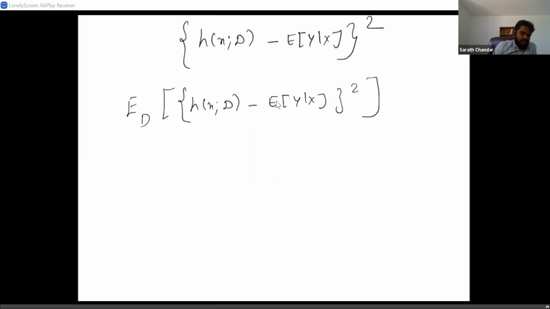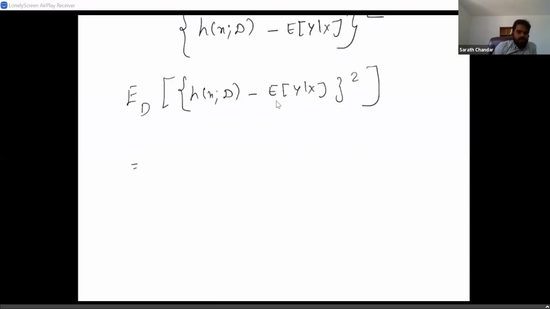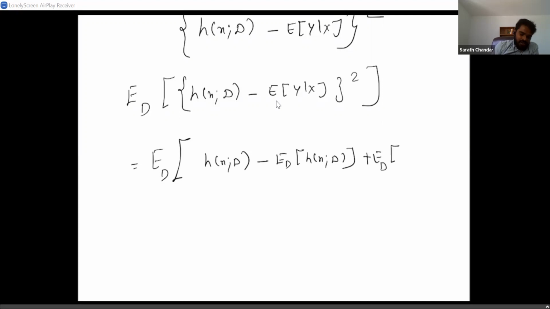Okay, again, I'm going to add and subtract a term. So basically, I'm going to do E_D of h of x given the data set minus expected h of x given D, plus expected h of x given D minus E of y given x, the whole square.